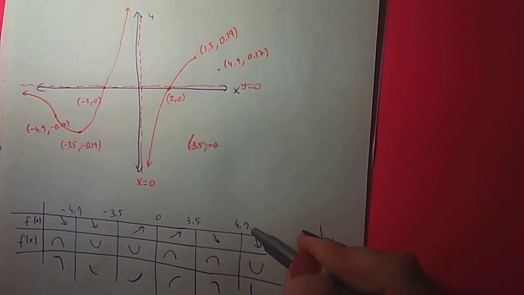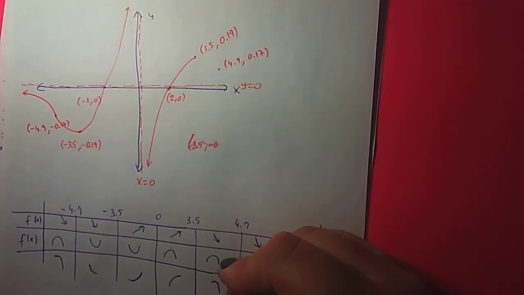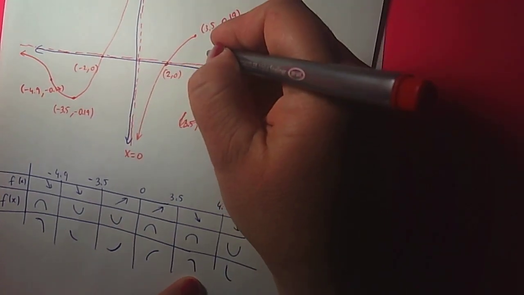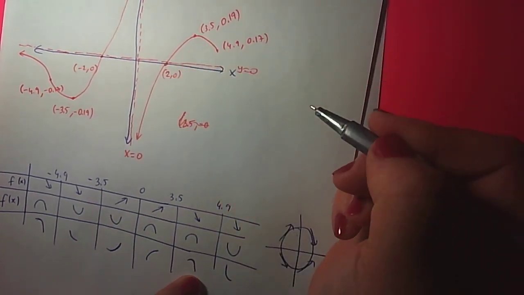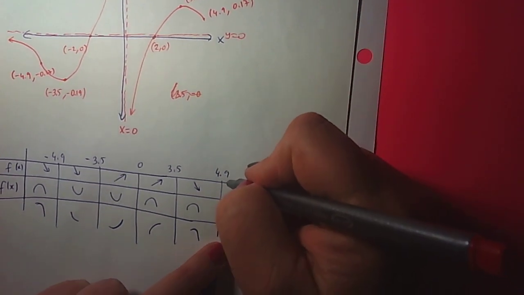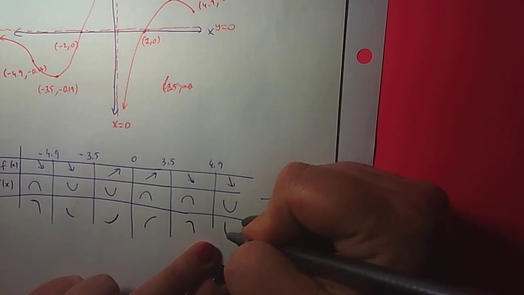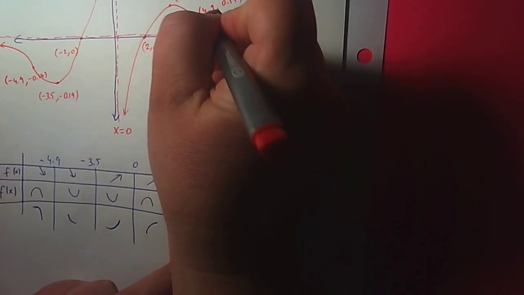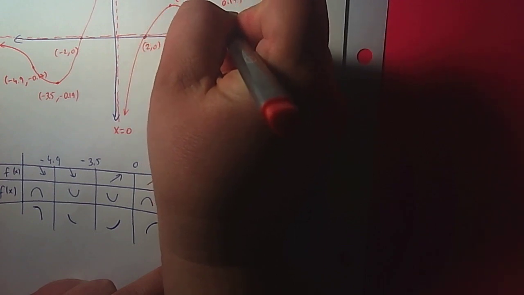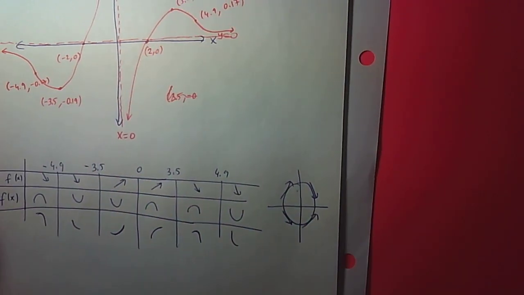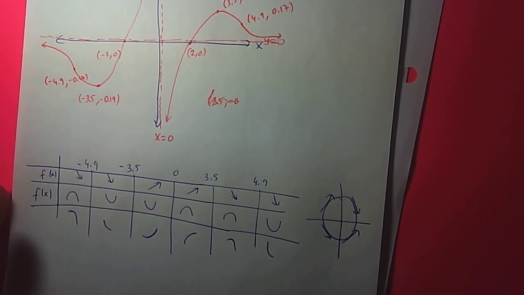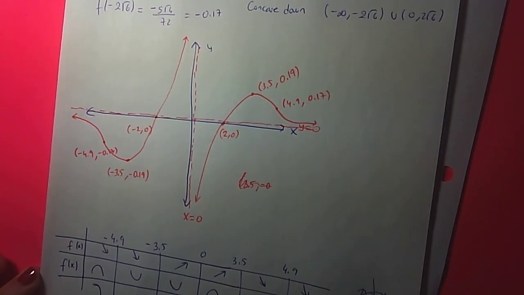Between 3.5 and 4.9 it should look like this. And then when x is greater than 4.9, it should look like this. Make sure again to approach that horizontal asymptote. Okay, so that is the solution for example 2.